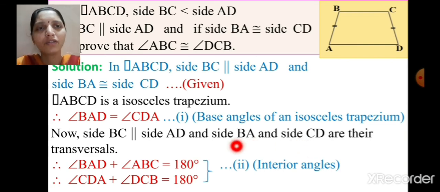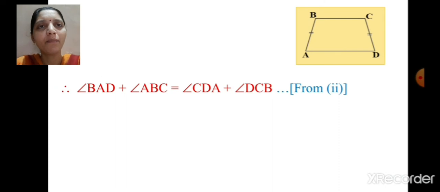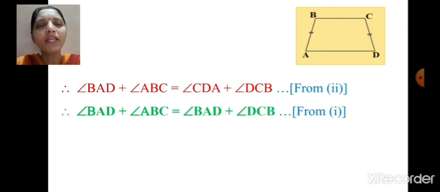So now if you observe these equations, the right hand side of these equations are equal. So the left hand side must be equal. So we can write here angle BAD plus angle ABC is equal to angle CDA plus angle DCB from equation 2. Now instead of angle CDA we can write angle BAD from equation 1.